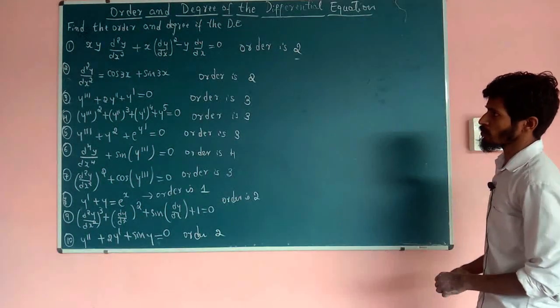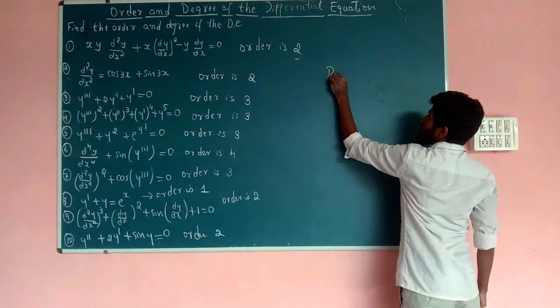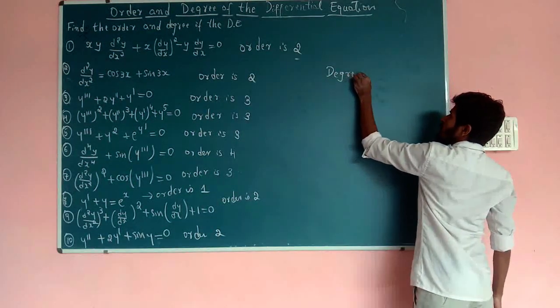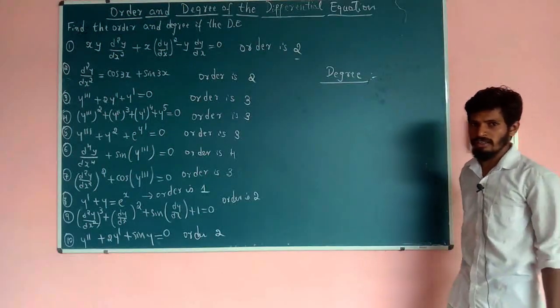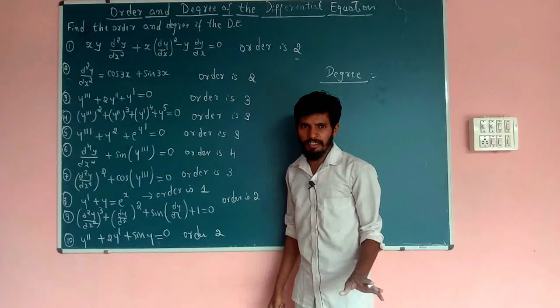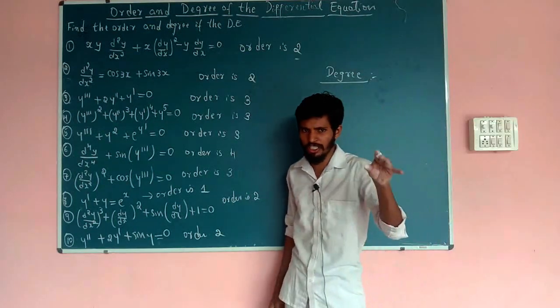This is the order concept. Next, how to find the degree of the differential equation. To find the degree, first we have to find the order of the given differential equation.